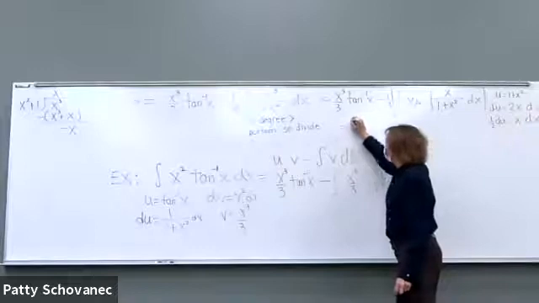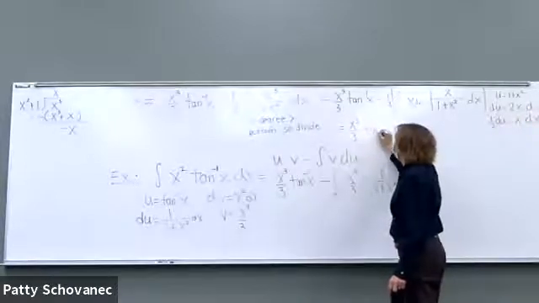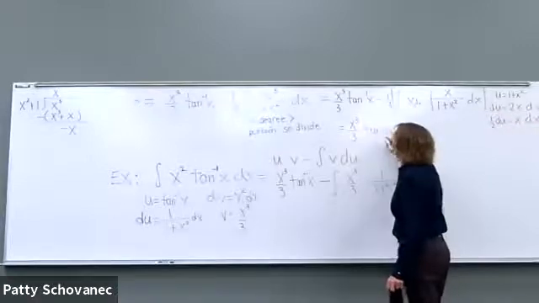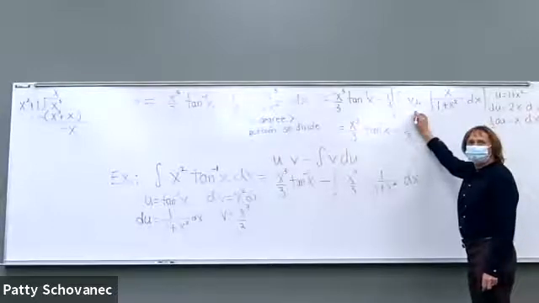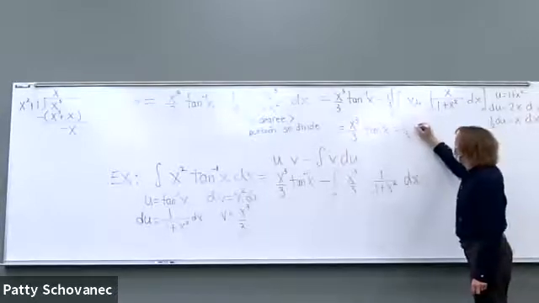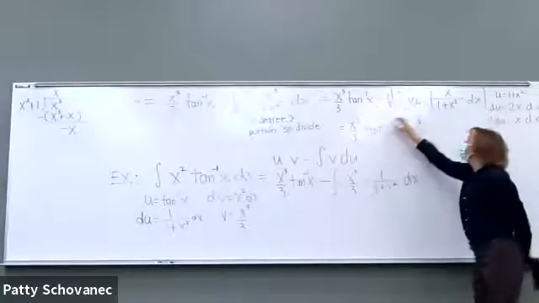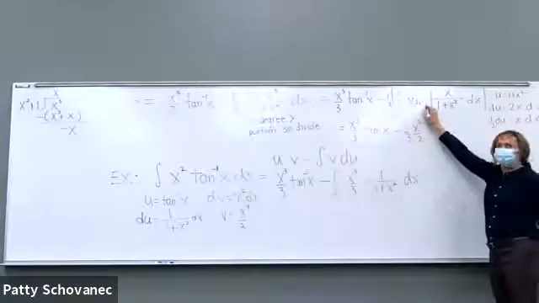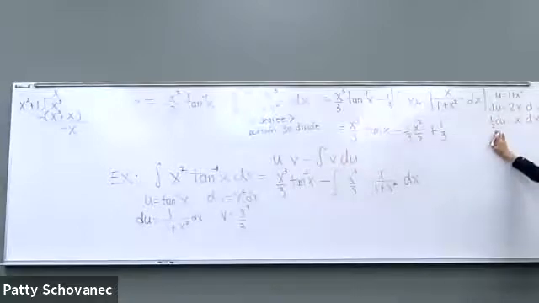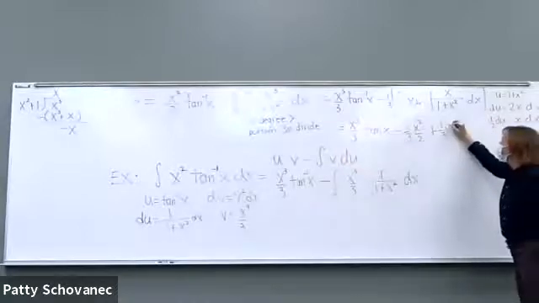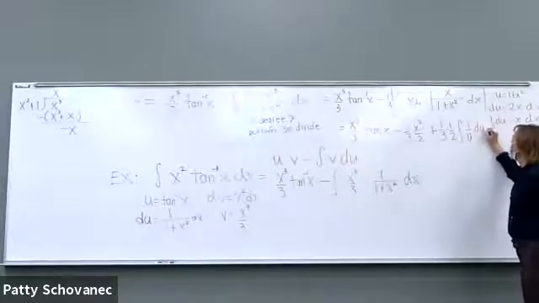I've got the x cubed over 3 times the inverse tangent of x. Now I've got the negative 1/3 times the integral of x, that's going to be an x squared over 2. Now I'm going to take this negative 1/3, put it here, that makes a positive 1/3. Then I've got the 1/2 from the du term. And then I've got the integral of 1 over u du.